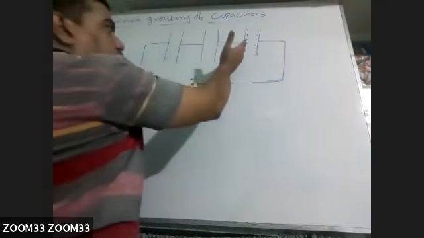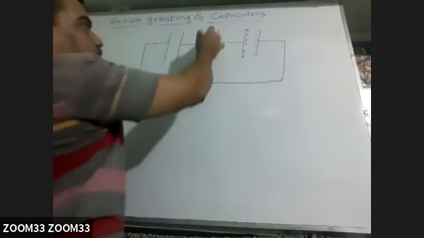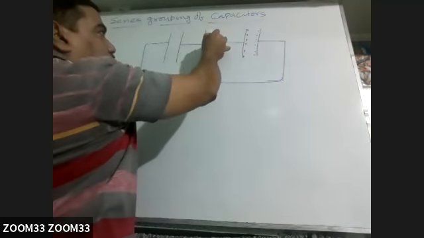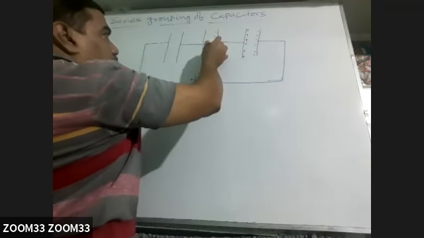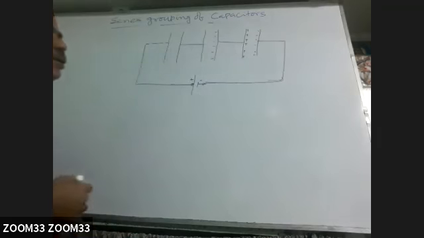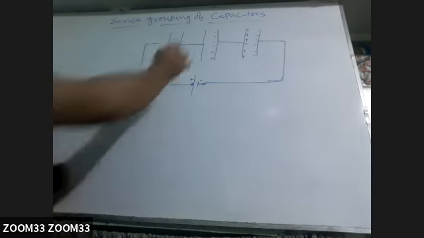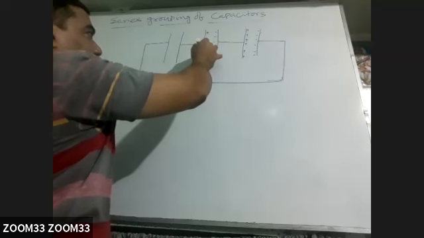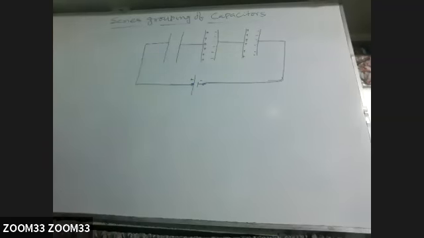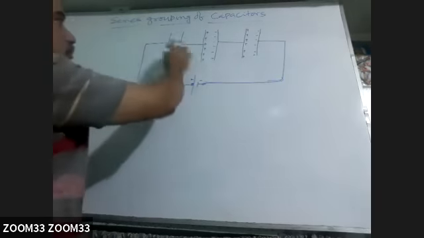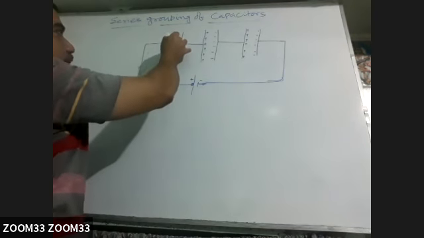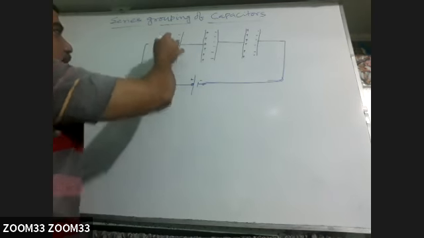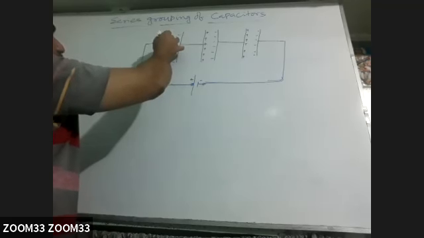So an equal amount of negative charge will come to this plate. In the same way, positive charge will be induced on this inner one. Now here again the same amount of negative charge comes, and this positive charge is induced.